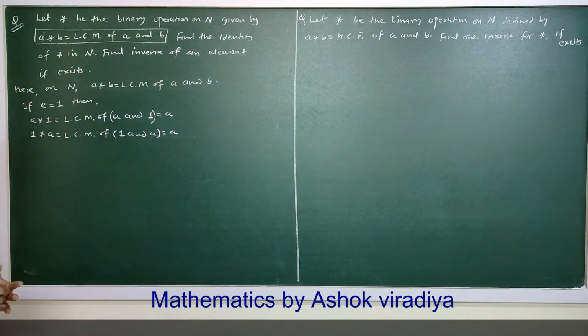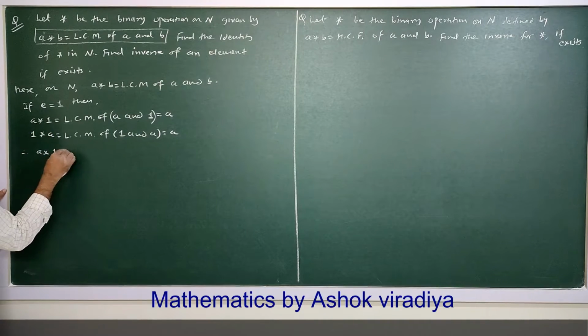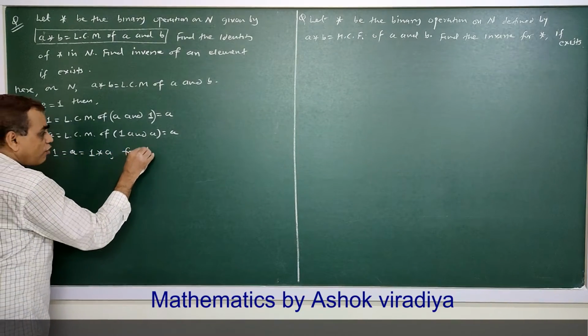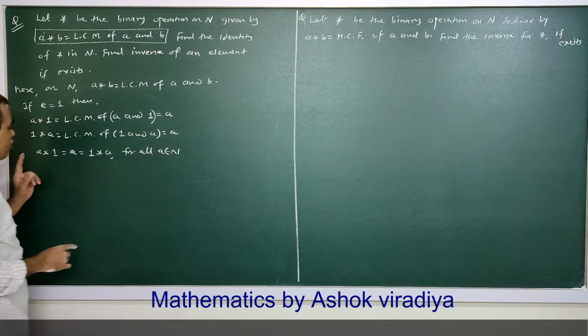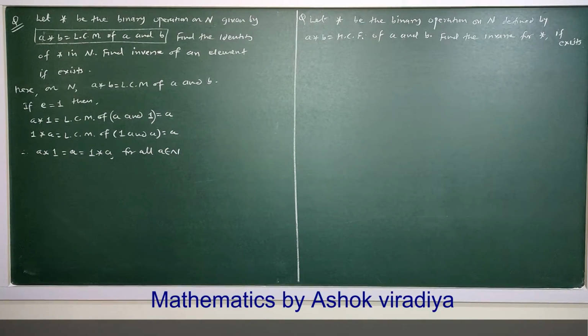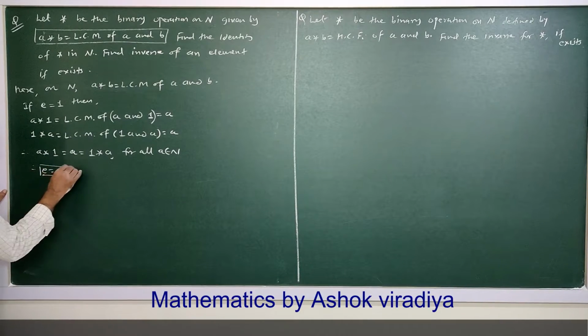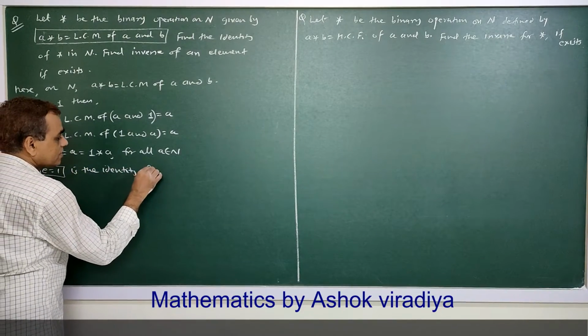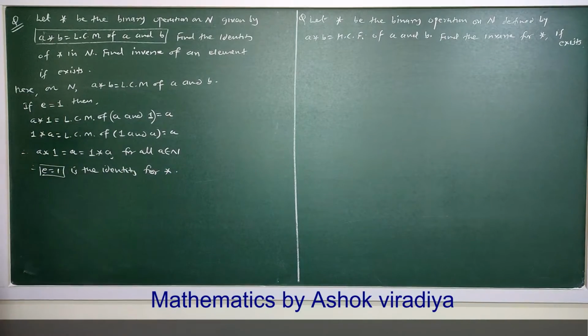The LCM of any number A and 1 is A. So therefore A star 1 equal to A equal to 1 star A for all A belonging to N. For all natural numbers this is true. Therefore 1 is the identity for the binary operation star.